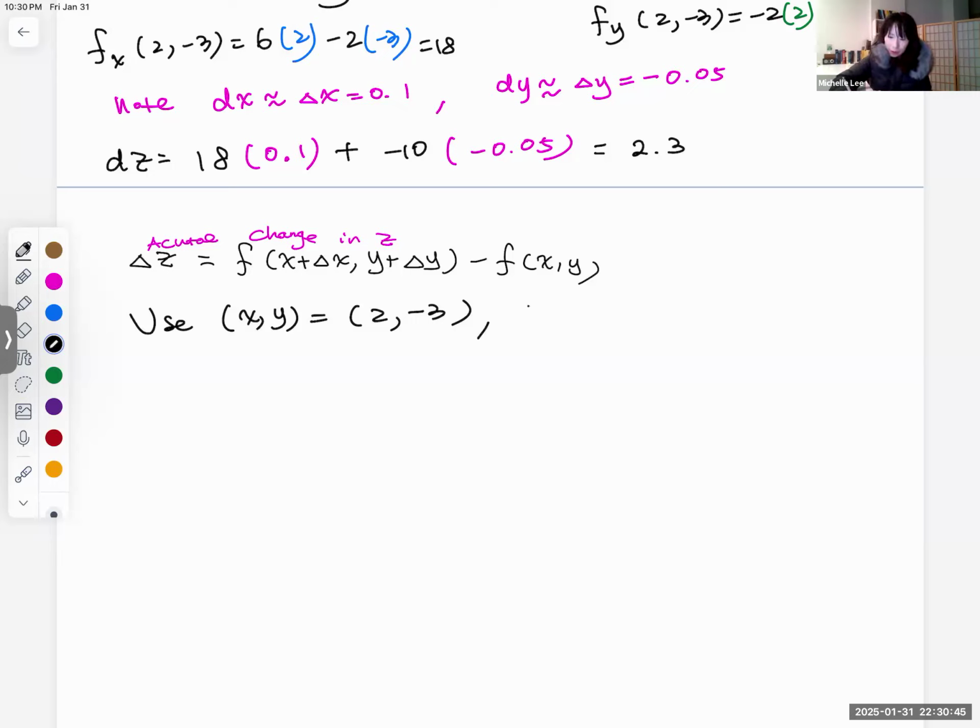And then we are using delta x as 0.1 and delta y equal to negative 0.05, right?